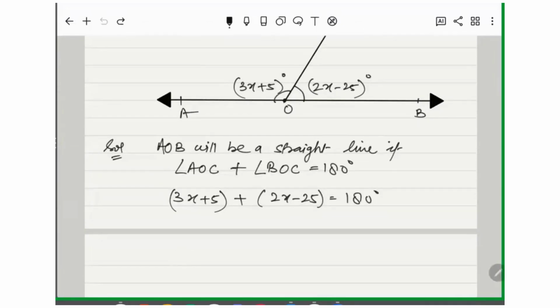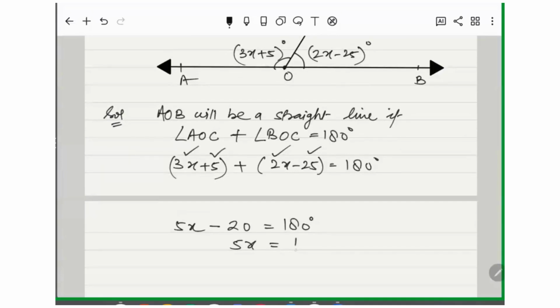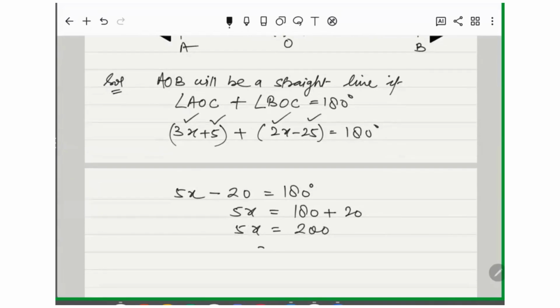2x and 3x will become 5x, right? 5 and minus 25 will become minus 20, is equal to 180 degrees. So 5x is equal to 180 plus 20, that is 200, right? So x is equal to 200 upon 5, which is 40.